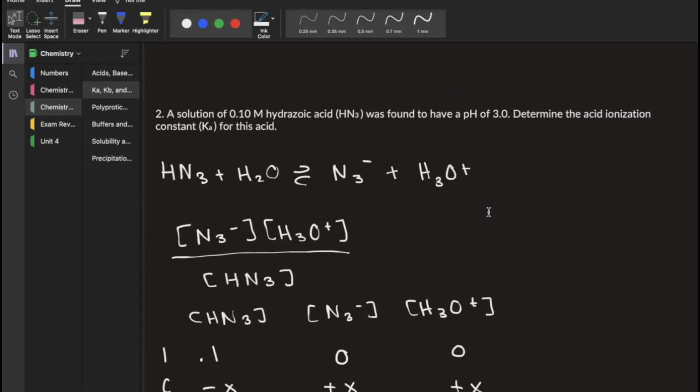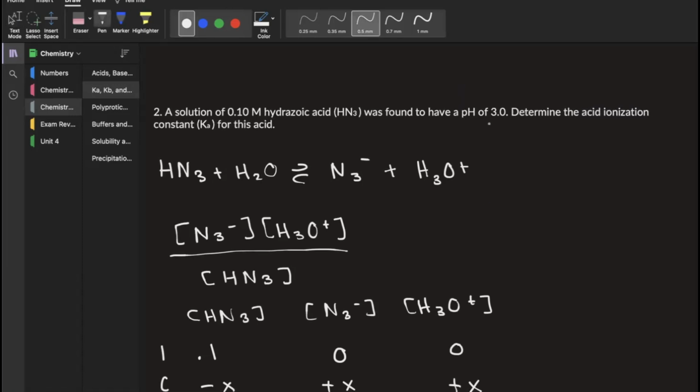Now, we know that the pH is equal to 3. So how do we determine the concentration? We know that the concentration of H3O plus is equal to 10 to the negative pH. So if we replace these numbers, 10 to the negative third is equal to x.